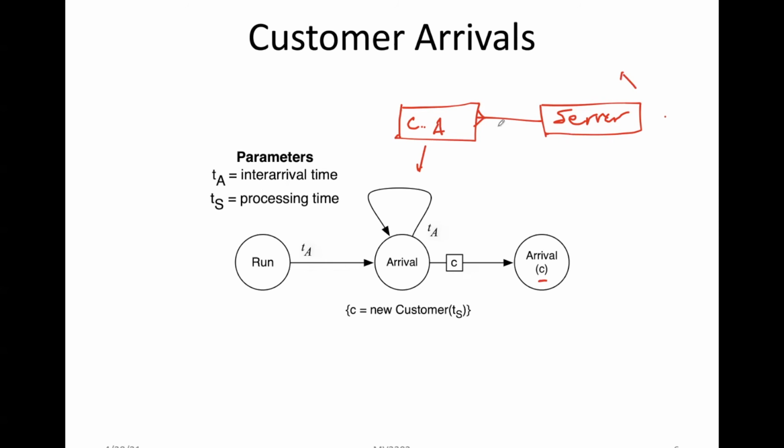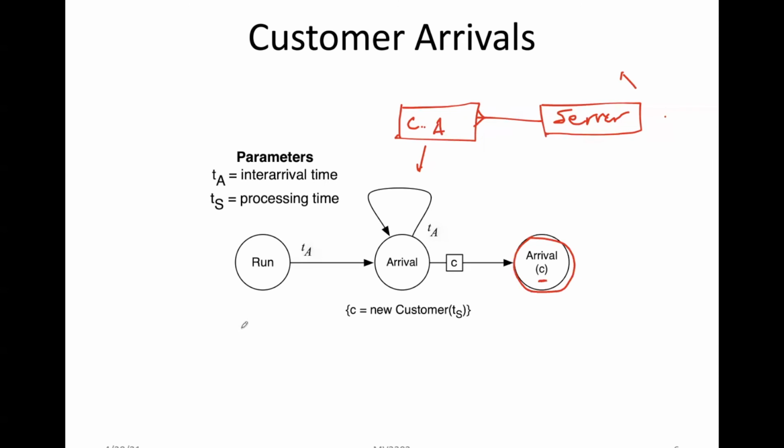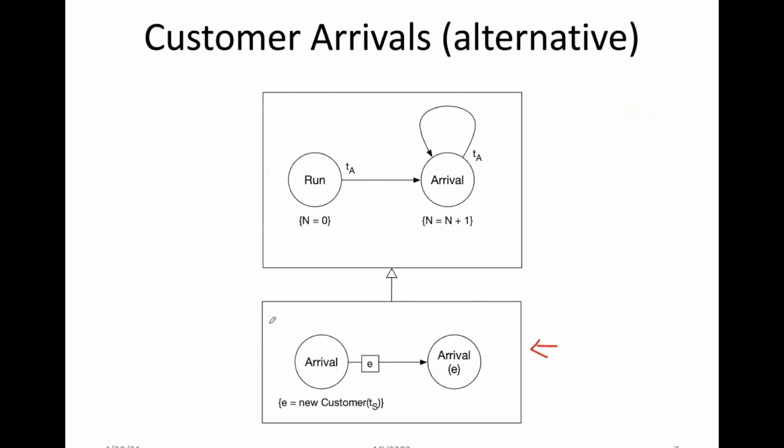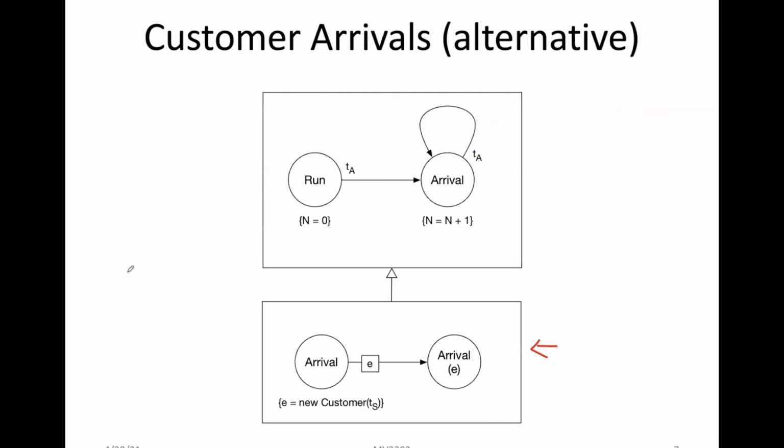Okay, so this would be the listener diagram, and we can just do it as a listener diagram because the arrival event here has an argument that's a customer, and the arrival event here, even though it has a different letter, the signature is still a customer. And so this will work. And again, both of these are correct.